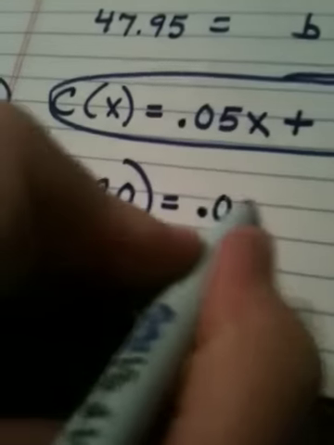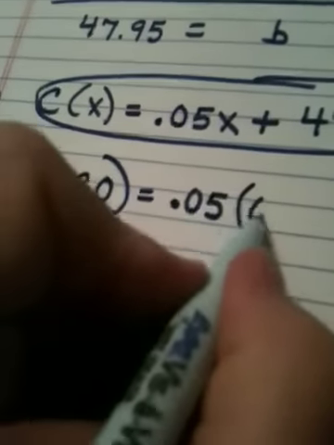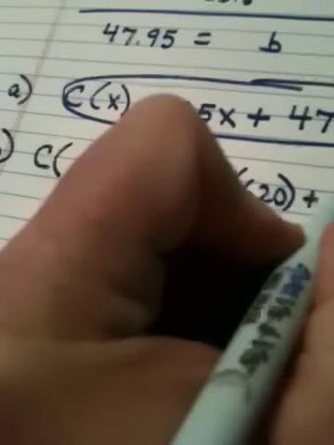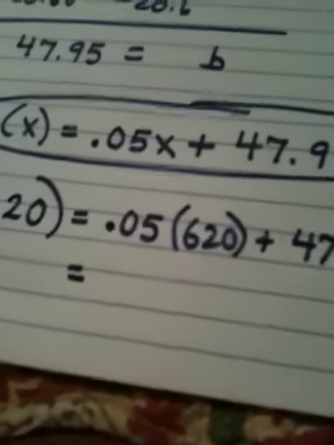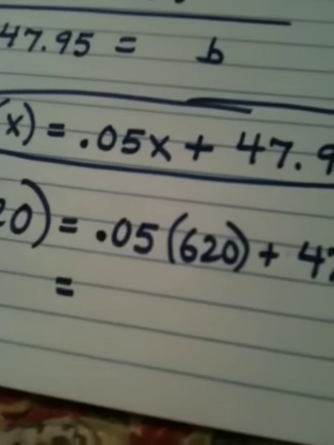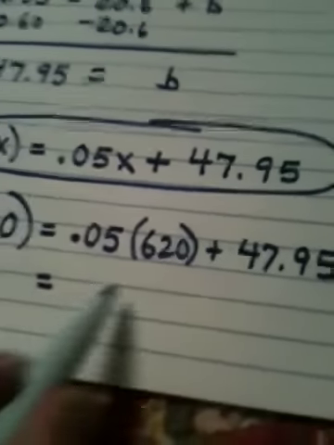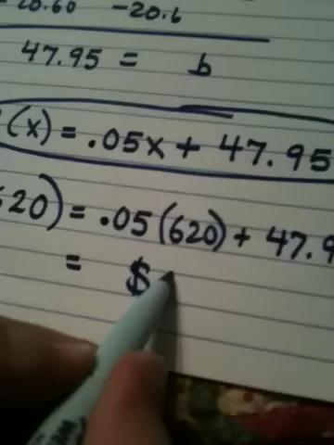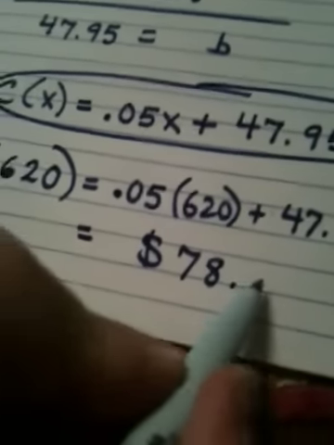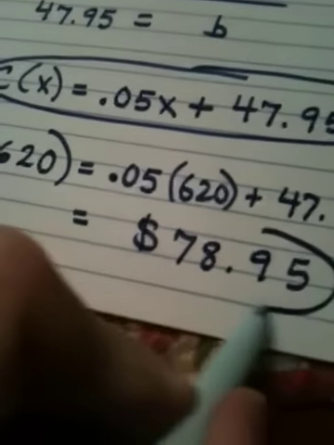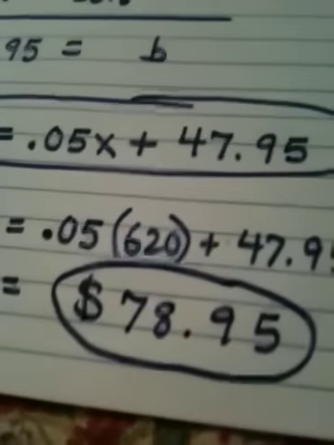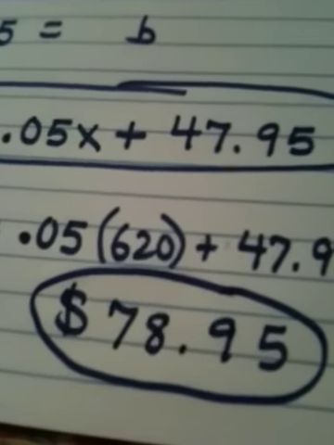We get 0.05 times 620 plus 47.95. We do that computation on our calculator, and when I do, I'm coming out with the answer $78.95. And we're done, finally.